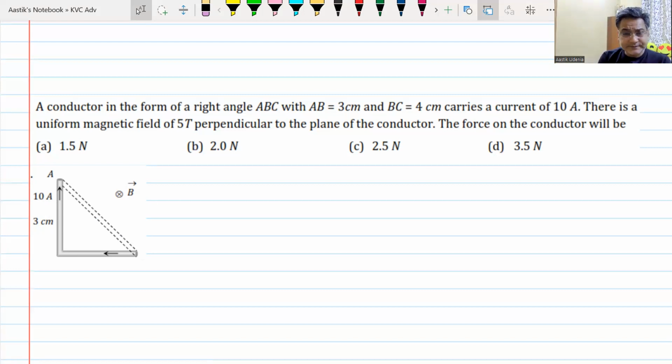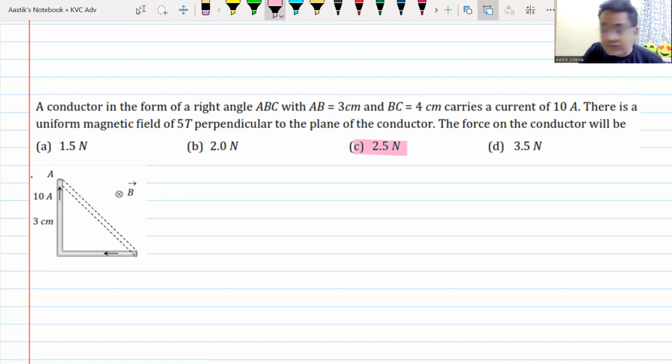What is the answer? 2.5 Newton. That is correct. You just have to join the two ends of the wire and you end up with your answer. I hope we have understood this. Yes or no? Yes, sir.